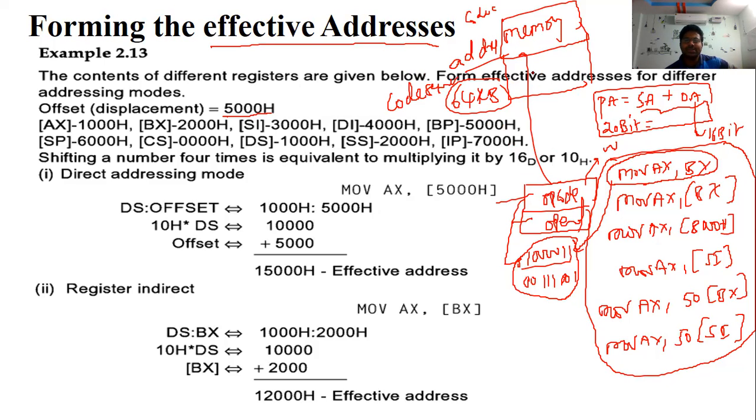These are the address locations: at address location 1001 the opcode is available, and at address location 1002 the operands are available. How to calculate this address location?